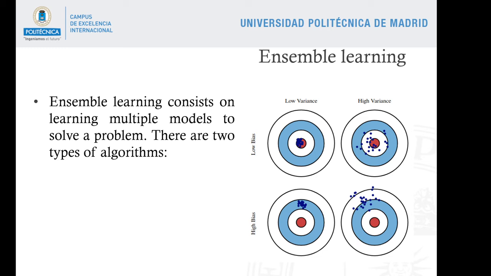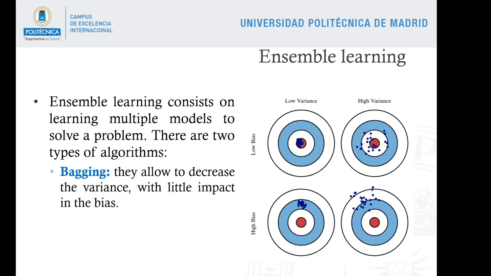But as they are very simple trees, they will not predict very well. Here we have the worst situation, in which the classifiers are not correct and a simple perturbation in the data makes the final model very different.